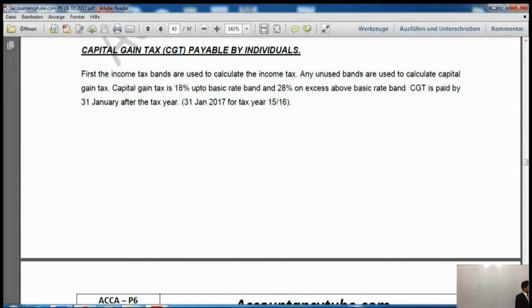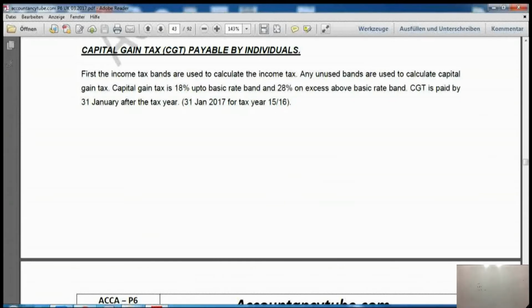CGT is paid by 31st January after the tax year. The due date to pay CGT is 31st January after the tax year. So if our tax year is 15-16, the due date would be 31st of January 2017. Our tax year would end on 5th of April 2016. Next 31st January would be 31st January 2017.